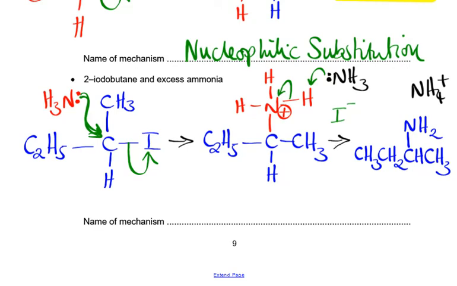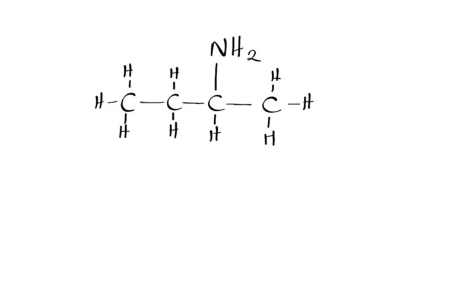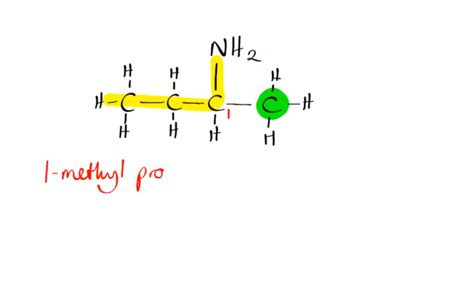We'll have a look at the name of this amine. Names of amines can be really tricky. The longest carbon chain, including the nitrogen, is that one there, which makes it propylamine, and we have a methyl group on what would be the first carbon, so that makes it 1-methylpropylamine.